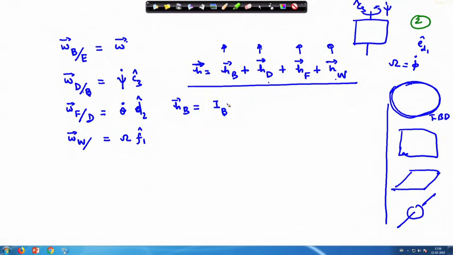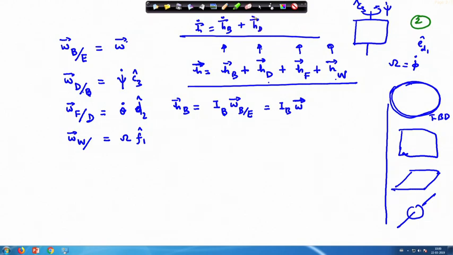So, I b times omega b slash e, this is the angular momentum of this, and for convenience we will just write it as I b times omega. Thereafter, your H dot will be written as H b dot plus H d dot, and all of them with respect to the E frame.